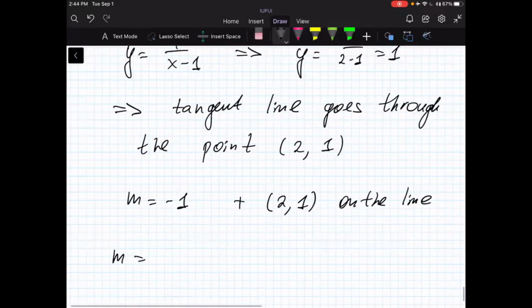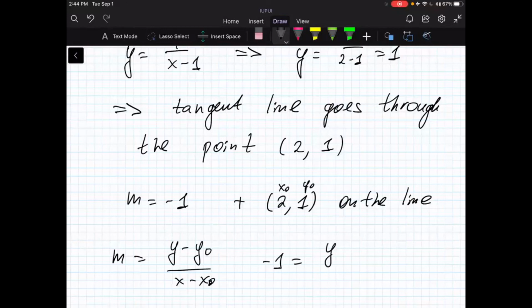So we can substitute that into our definition of the slope. This is x naught, this is y naught, and we get that minus 1 is equal to y minus 1 divided by x minus 2.